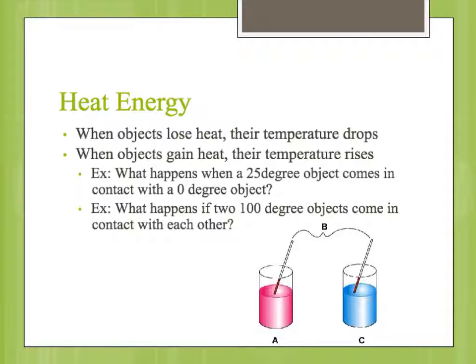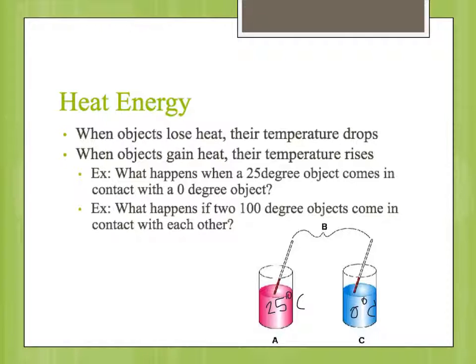All right, so let's take a look at some examples of heat flow and energy, and talk about it in terms of movement of heat, and then also what happens to the temperature of the object. So example number 1, what happens when a 25-degree object comes in contact with a 0-degree object? So let's just say that this beaker here is 25 degrees Celsius and this one over here is 0 degrees Celsius.